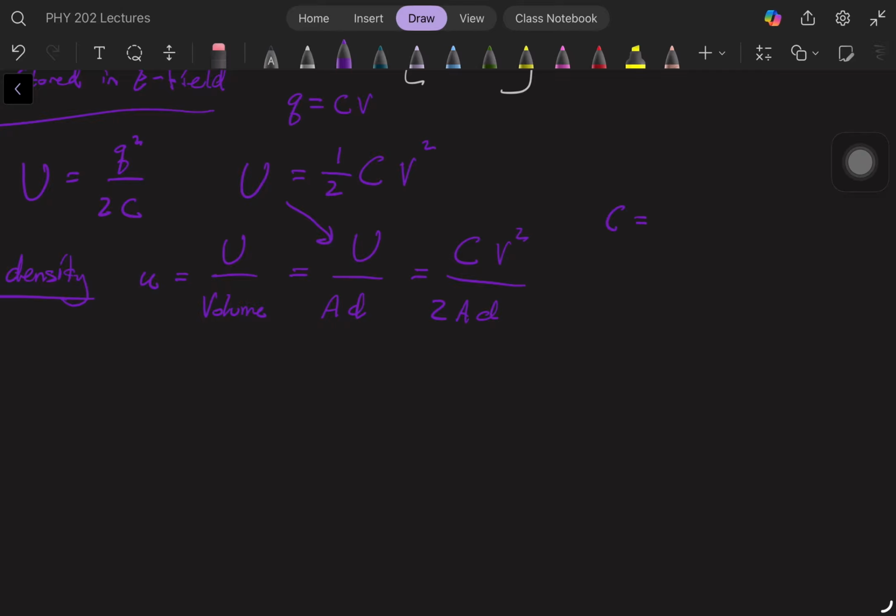We know C is equal to epsilon naught A over D. So we can say epsilon naught over 2 times V over D squared. But V over D is equal to the electric field, the magnitude of it. And so we can get to the result lowercase u is 1/2 epsilon naught E squared. Cool.